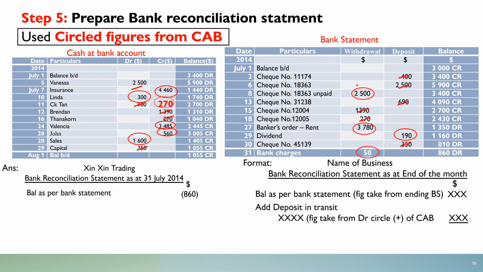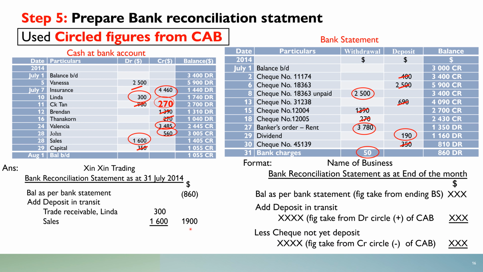According to this question, it will be these two circled figures. So trade receivable, Linda, and then sales 1006. We do a subtotal 1009.